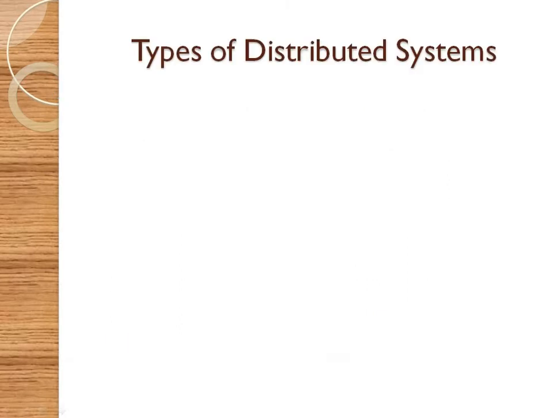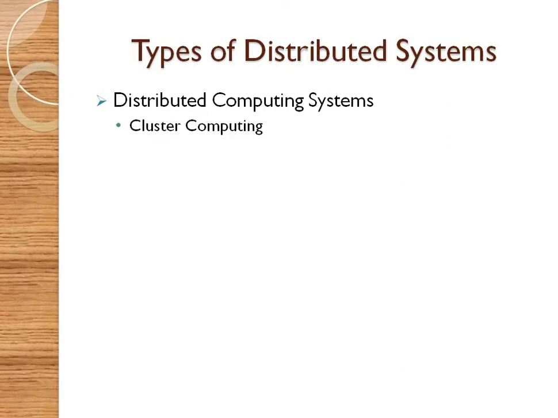Types of distributed systems. An important class of distributed systems is one used for high performance computing tasks, which is distributed computing systems, and examples are cluster computing and grid computing.